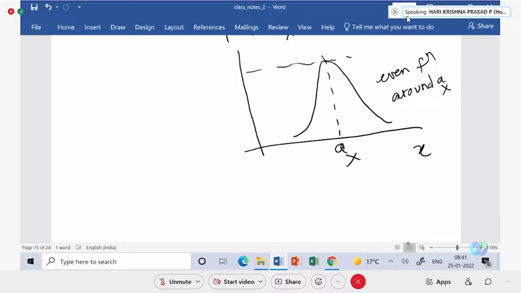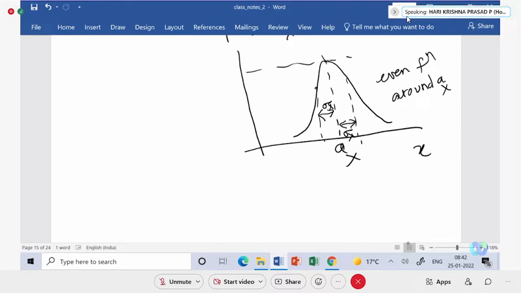Sigma_x is defined to be the standard deviation, and we define sigma_x as the spacing from the mean, x equal to a_x plus sigma_x or x equal to a_x minus sigma_x, at which the function takes a value of 0.607 times 1 by square root of 2 pi sigma_x square. That is how we plot the curve.